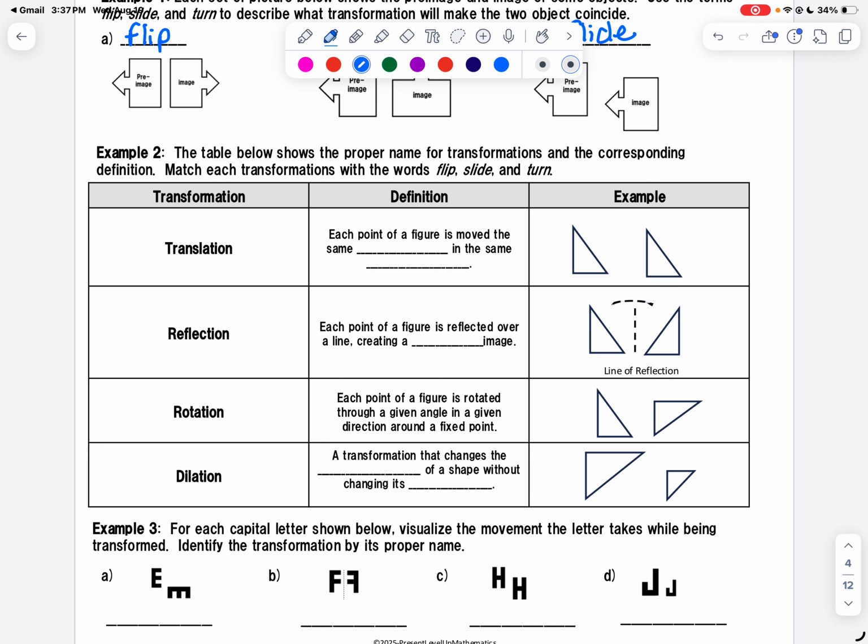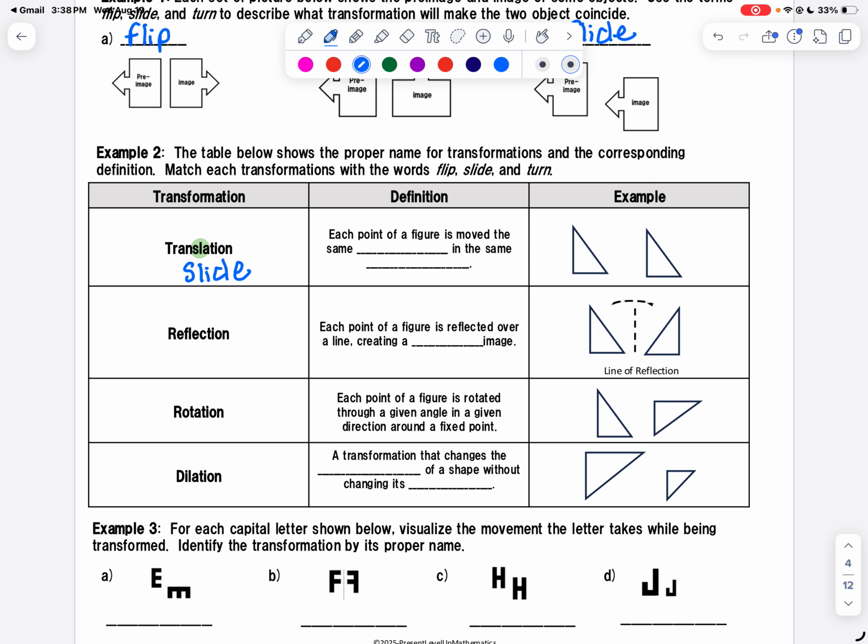So a translation, if you'll notice in the word translation, you have this SL. Well, it turns out translation is the formal word for a slide. So if you can slide the object over, either right, left, up, or down to coincide with the new image, then it's a translation.